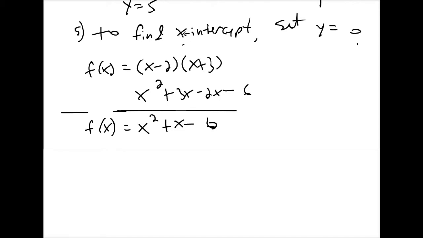So yeah, if you want to find the x-intercept, by the way, the x-intercept is this right here. To find the x-intercept, you set y equal to 0. Because what's the y value in this coordinate right here?